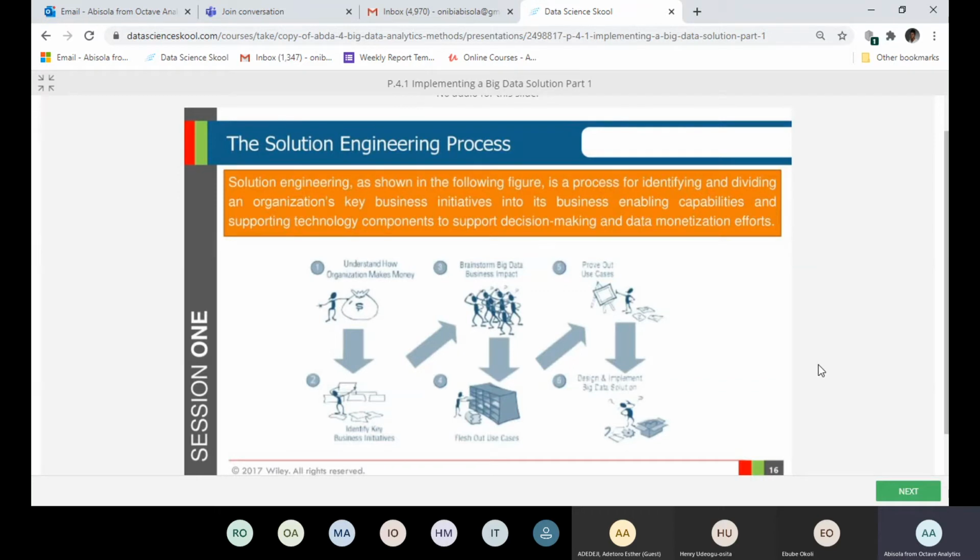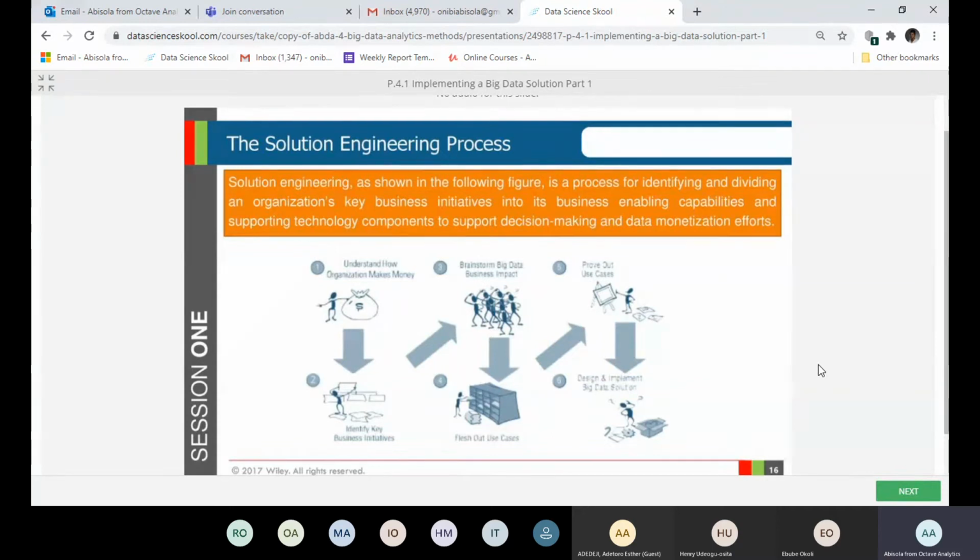It's a process where you identify and break down an organization's key business initiatives. So you know an organization's key business initiatives, you understand them, you break them down, right? And then you see the technological components, the advanced analytical tools that you can use based on the key business initiatives that you've broken down. Those are the values associated with the company.